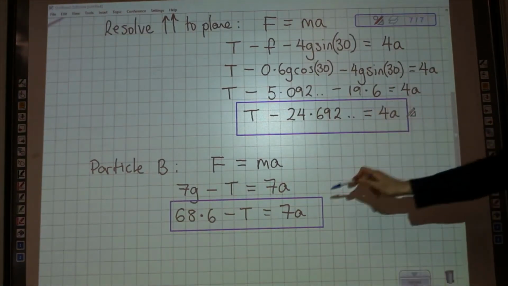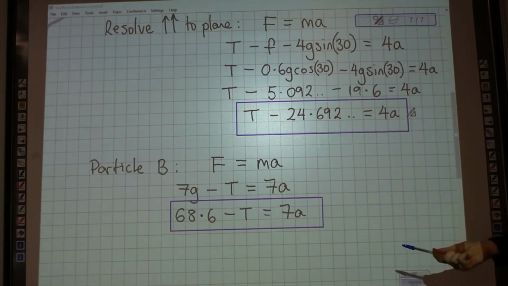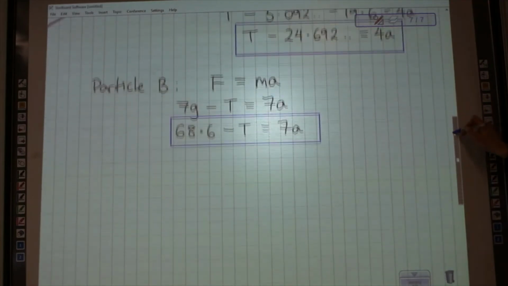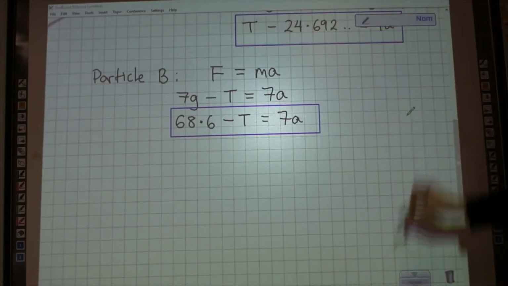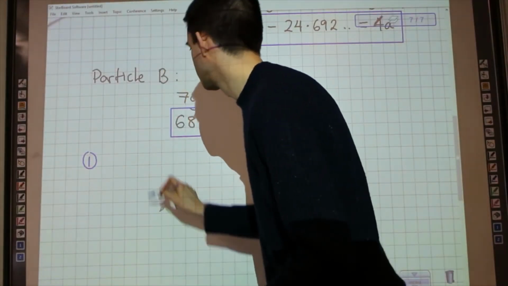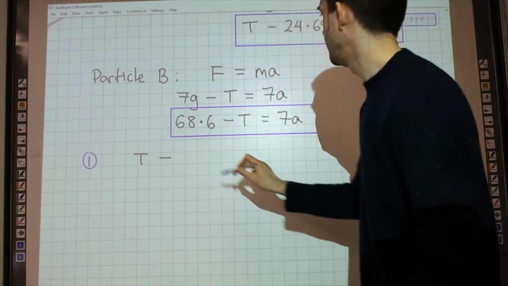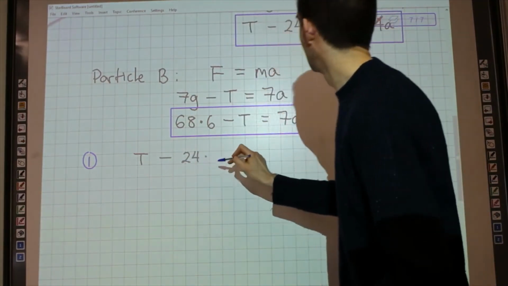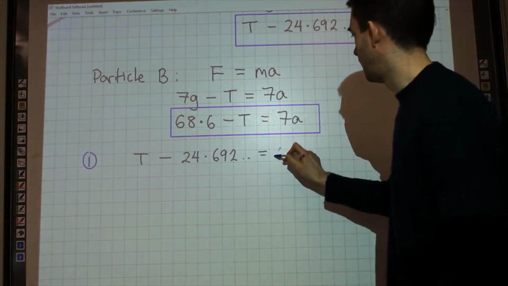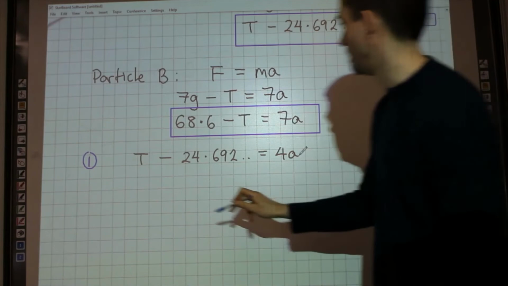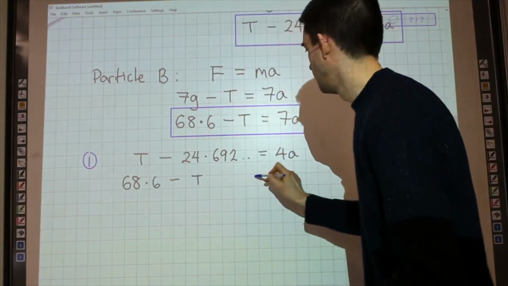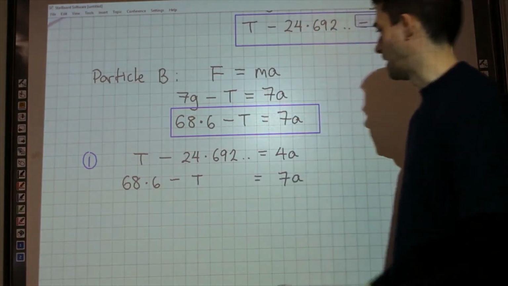I now have two equations for the system which I'm going to solve simultaneously, and that will give me T and a. So here we go. Right. So, equation number 1 then. T minus 24.692. Remember, I've got that value stored in my calculator for when I need it. And then 68.6 minus T equals 7a.